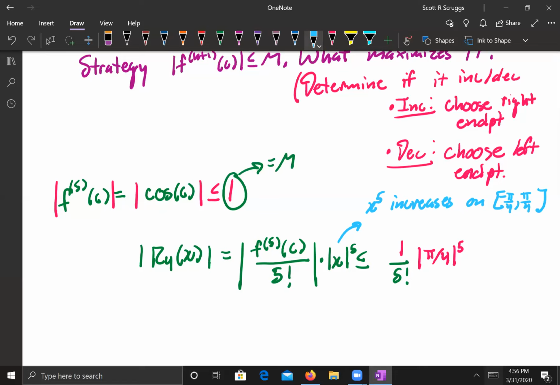And the reason why is if I take the first derivative, I get 5x to the 4th power, which means I increase from negative pi over 4 to 0.